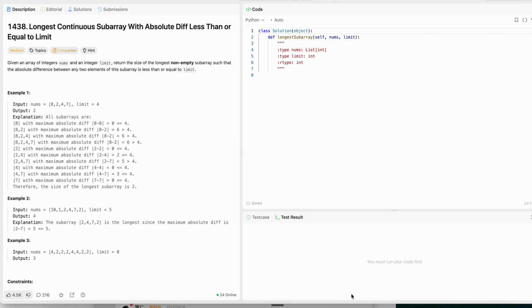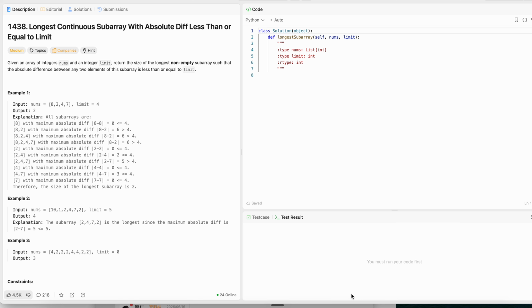Okay. So let's see the example. 8, 2, 4, 7. The limit is 4. So we got all the subarrays: 8, 82, 824, 8247, 2, 24, 247, 4, 47, 7.